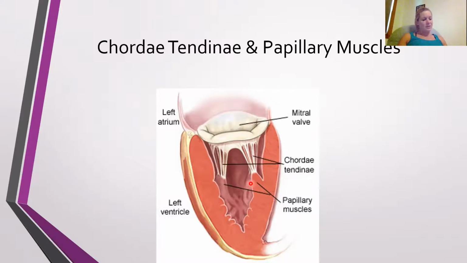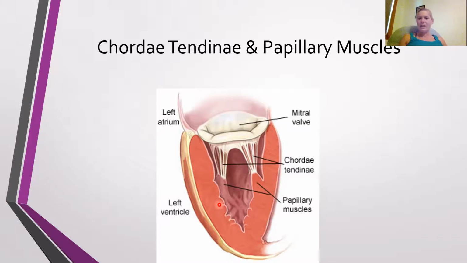As those muscles contract, this will allow the cords to pull the valve open, and that allows blood to flow from one chamber into the next. Okay, so again, let me go over that one more time. The chordae tendineae are connected to both of the atrioventricular valves, so both the tricuspid and the bicuspid valves.